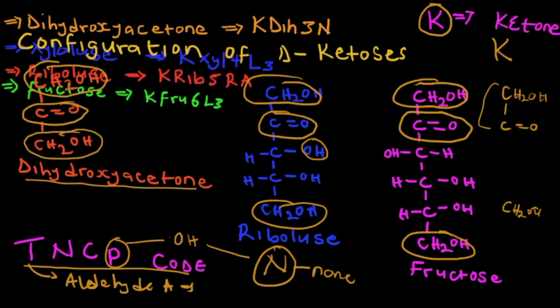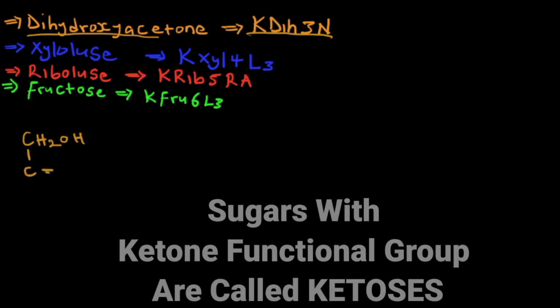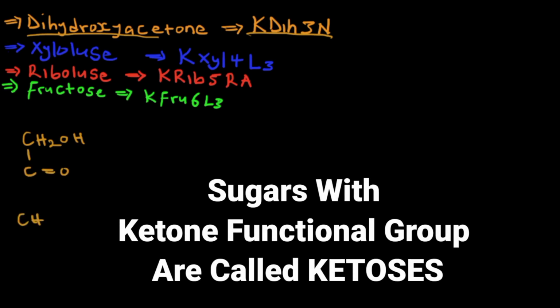So let's see how we can use this TNCP code to write structures. The first one we are going to write is dihydroxyacetone, and this is the code that we created for it. K, I know, is for the ketose backbone, so I have my ketose backbone already here. The first carbon and the second carbon are something like this, and the last carbon is something like this.